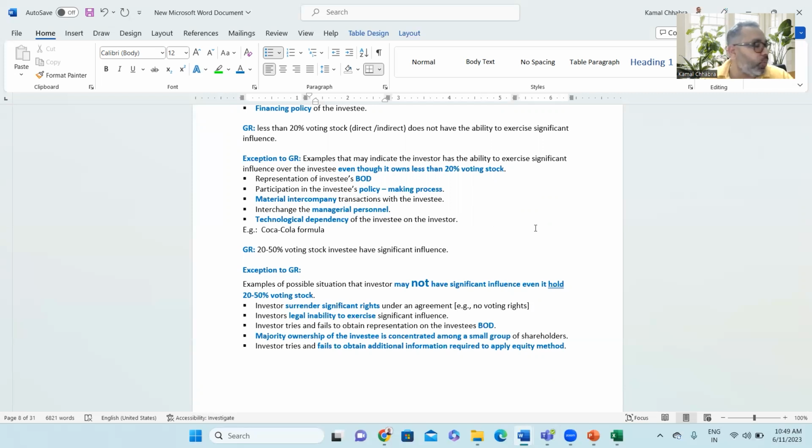Exactly your point, Gurmeet. Even though the person has less than 20% stake, he can still be considered a significantly influential person.